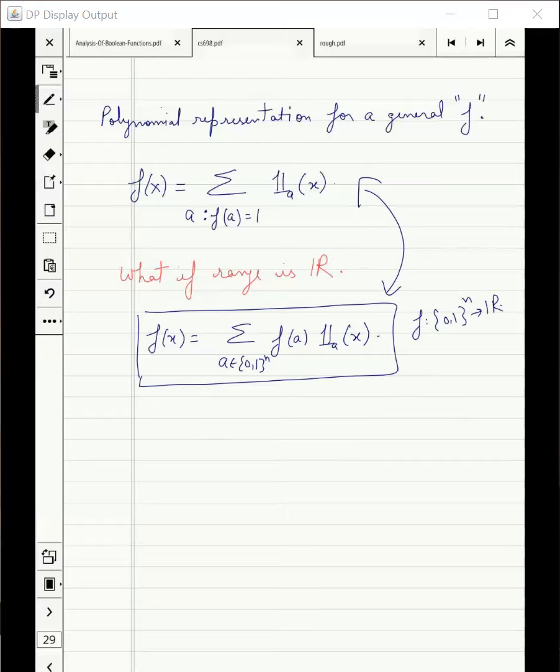Actually, notice a few things here. First thing I want to mention is that this is what we call a multilinear polynomial, in the sense that no xi square or xi cube or xi to the power 4 appears in this.